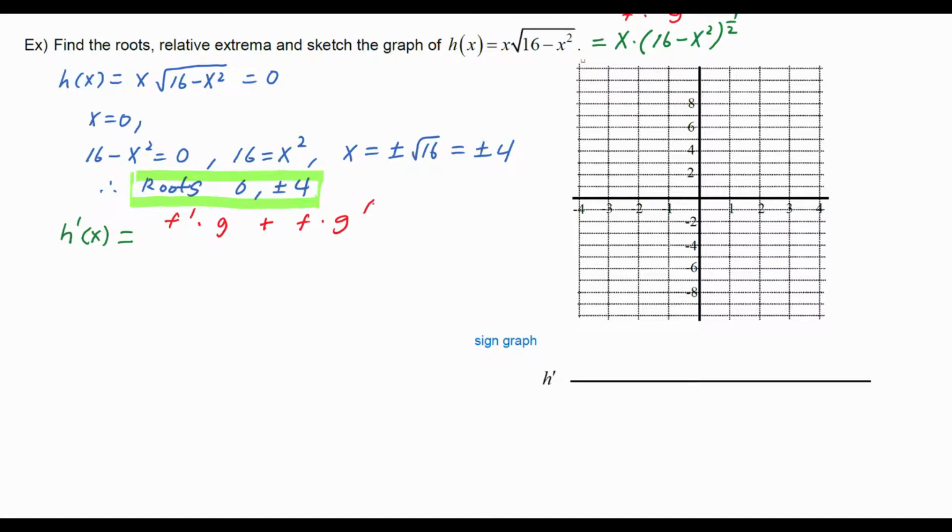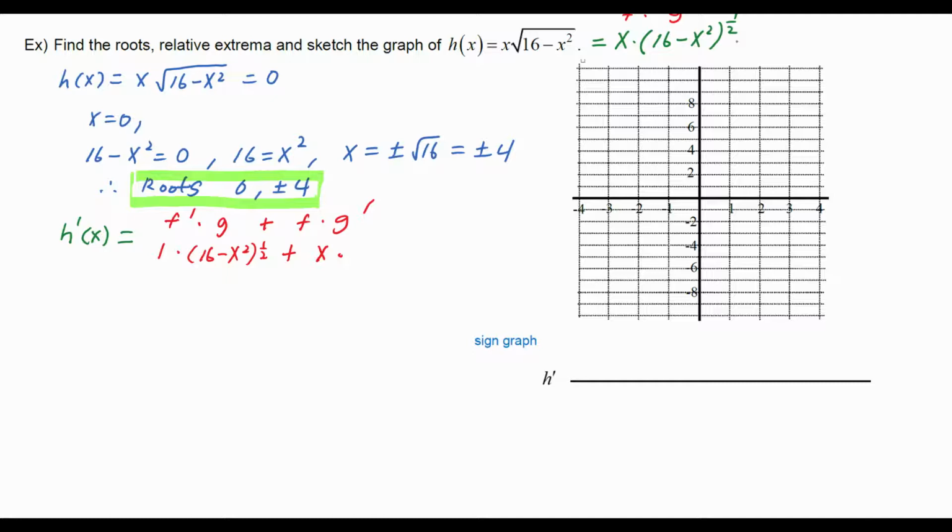And derivative of x is 1 times g, which is 16 minus x squared to the 1/2 power, plus f is an x. G prime is a function raised to the 1/2 power. So I need to use chain rule, correct. So now our function is something to the 1/2 power.